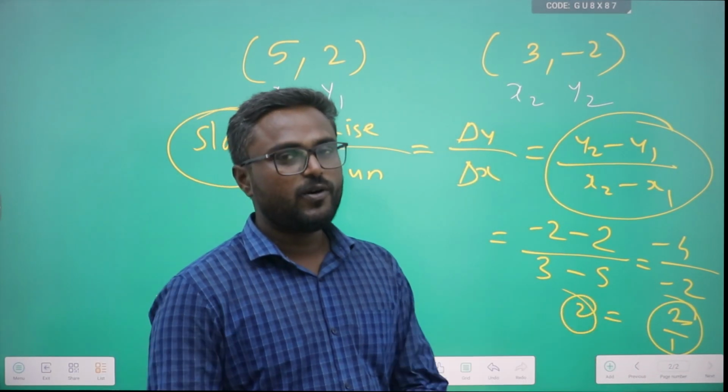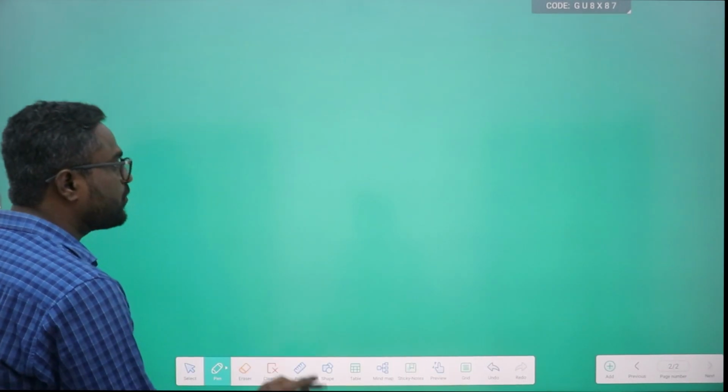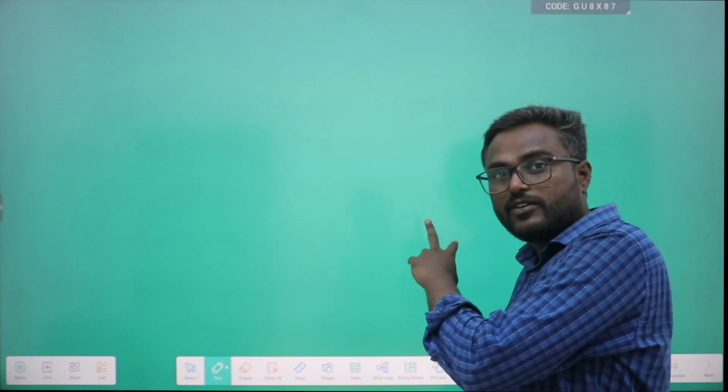Now, I hope you understood this. Let's move on to the next question. So let's say, guys, I'm going to take 2 negative numbers in the first point, and then one positive number and another negative number in the next point. Okay?